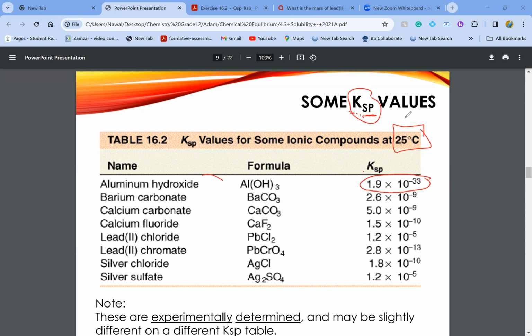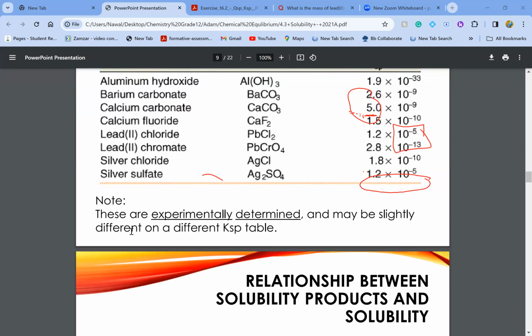Okay, what we are going to study. The note at the bottom of the table is very important. Look here, for example, the solubility of calcium fluoride.